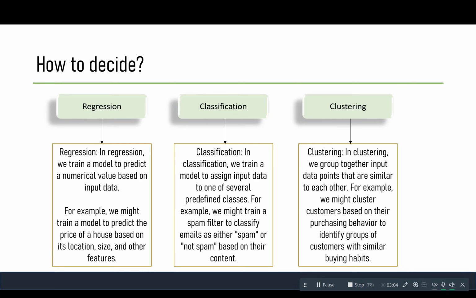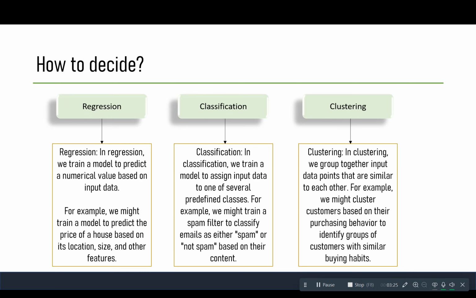In classification, the input data is divided into two parts: training data and test data. The training data is used to train the algorithm, and the test data is used to evaluate the performance of the model. There are several classification algorithms including decision tree, logistic regression, support vector machine, and there are more.